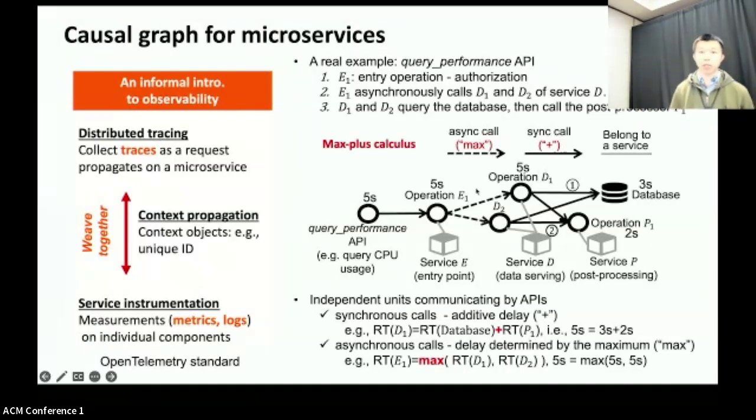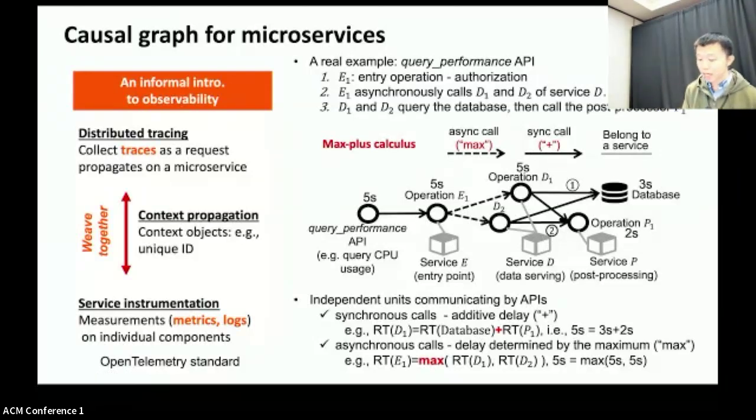As you can imagine, for the synchronous calls, the relationship between the parent operation and children operations is called the additive relationship. Basically, the parent operation's delay is the addition of all its children's delays.